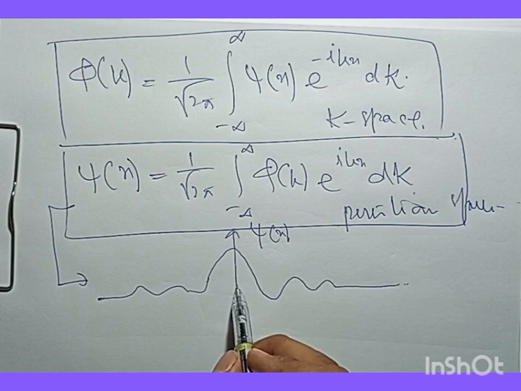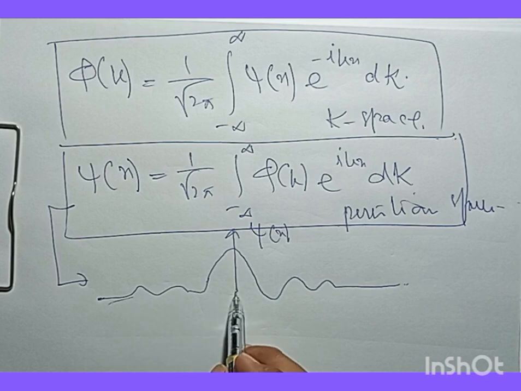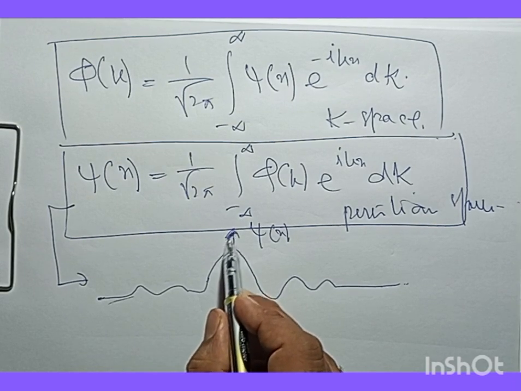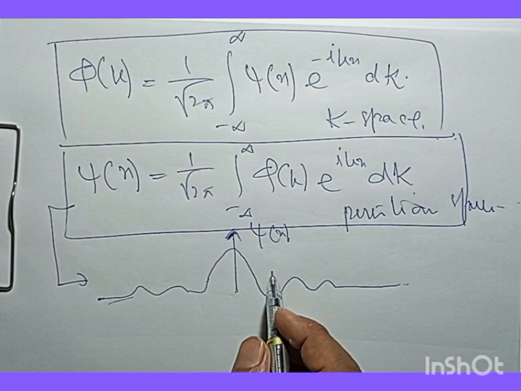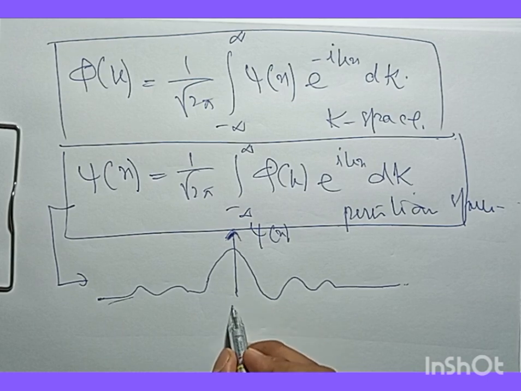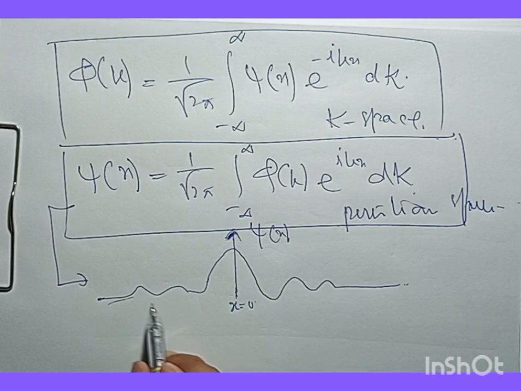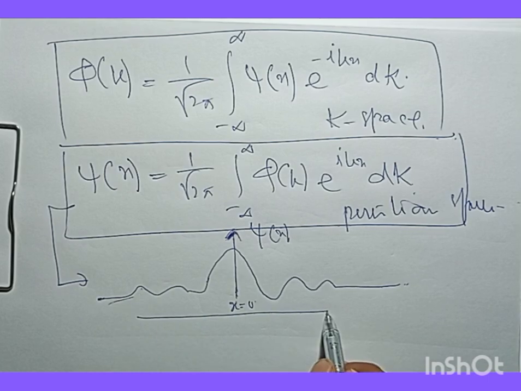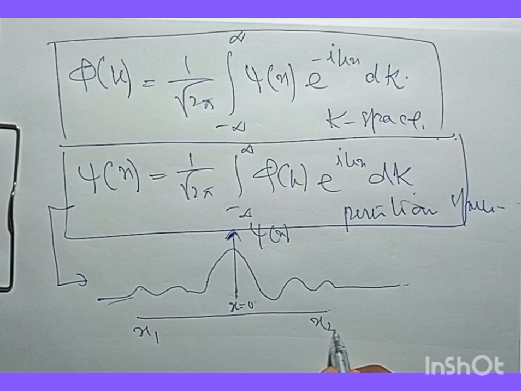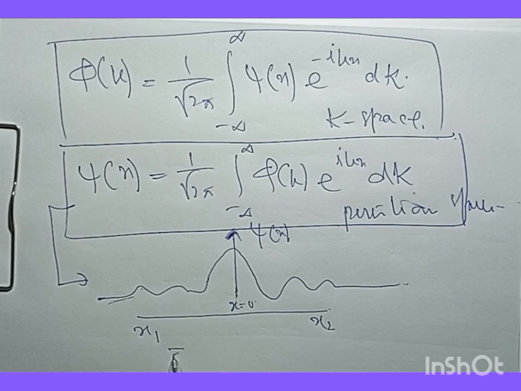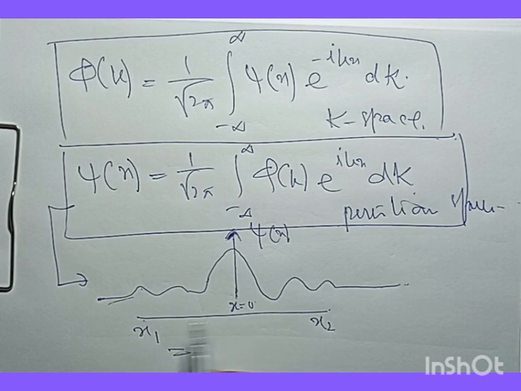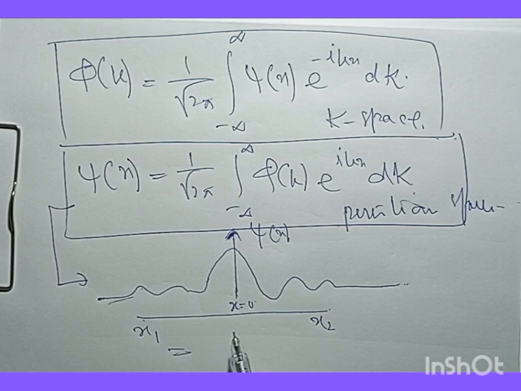And we can see here that the magnitude of this wave function is maximum at x equal to 0. If I define the range of this wave packet from x1 to x2, I will have the change in the position, which can be written as delta x.